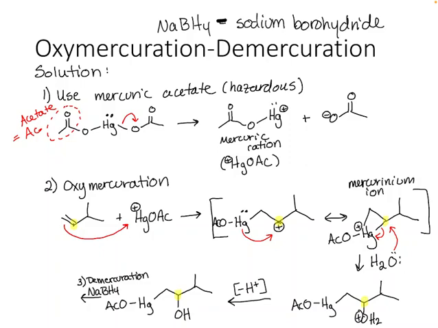Okay, and this is just going to remove the mercury acetate group, the mercuric cation. So you don't have to know the mechanism for it right now, but just know that it removes that mercury group. So then we end up with our final product, which is the one that we wanted originally.